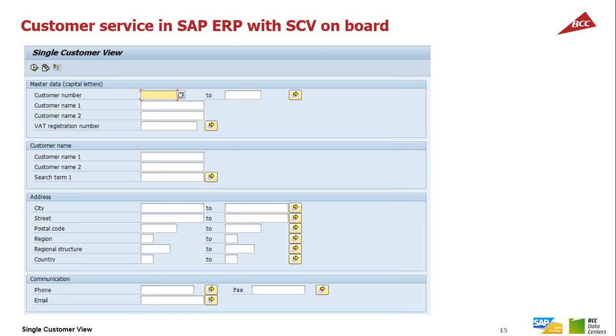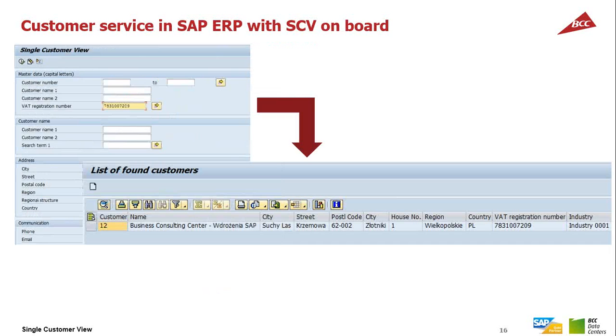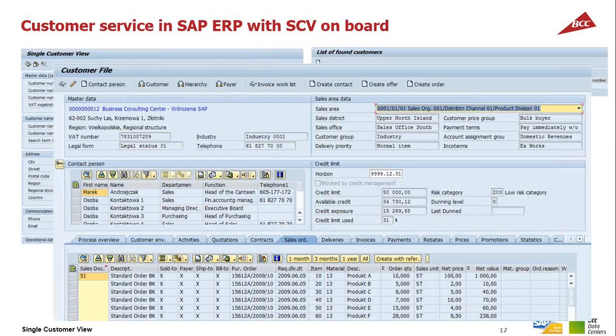So let's make the same example, but this time we will use single customer view. We start the transaction. All search criteria are included in one selection screen. This is the screen you see just after starting the transaction. We enter the VAT number, we get the results, and we access the customer database.